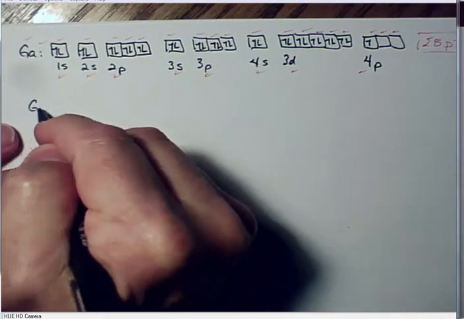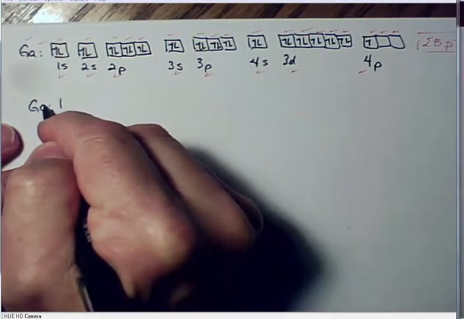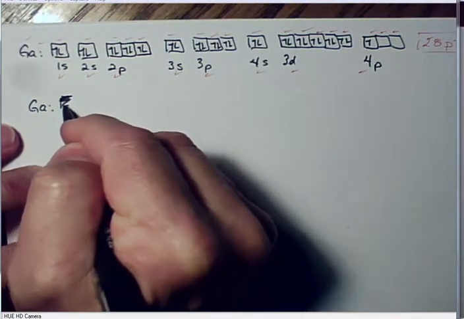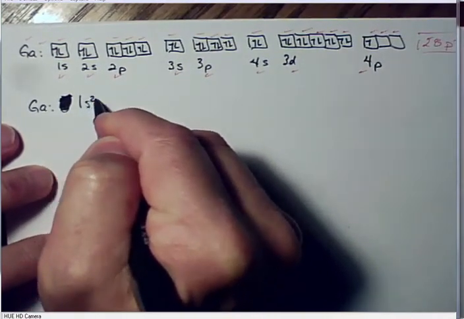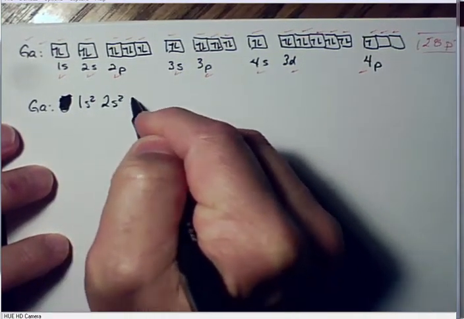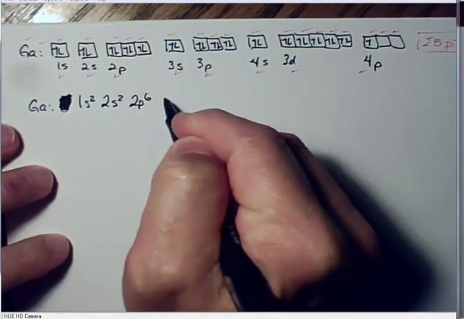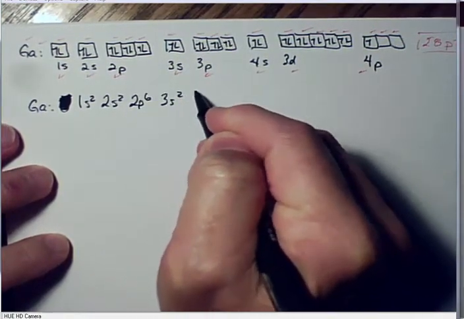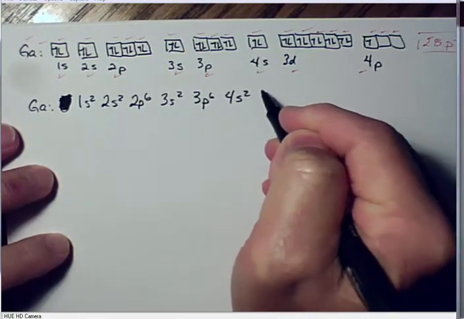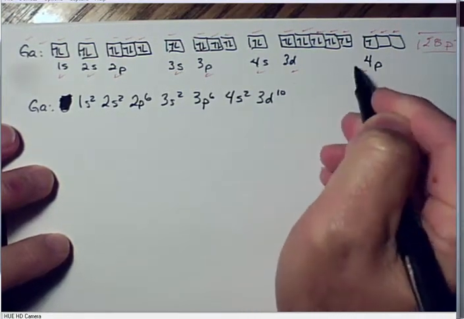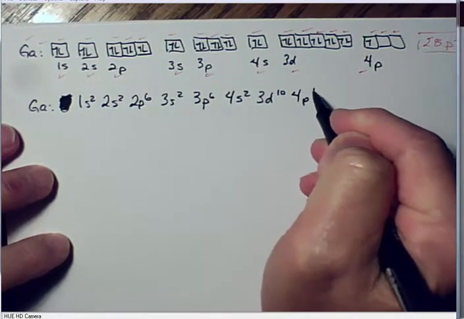So we have gallium as the symbol. 1s2, 2s2, 2p6, 3s2, 3p6, 4s2, 3d10, 4p1.